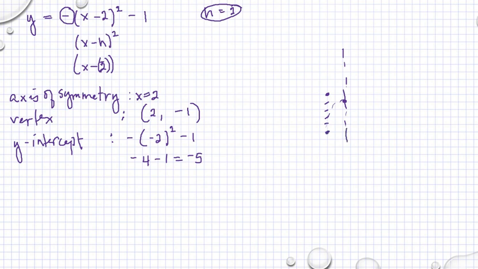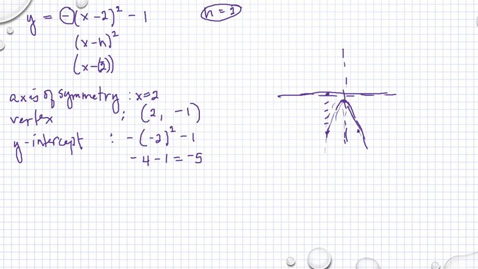And then 2 there, 1, 2 here. It will look like this. Then you don't have any roots, because it doesn't cross, it doesn't touch the x-axis.